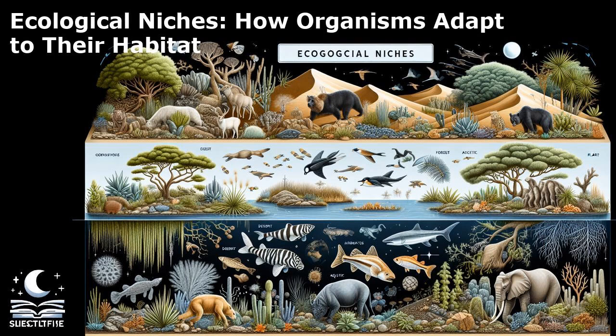Another significant human impact on ecological niches is habitat destruction and fragmentation. Deforestation, urbanization, and agricultural expansion have resulted in the loss of critical habitats for countless species worldwide. Studies indicate that more than 80% of Earth's natural forests have been significantly altered or destroyed by human activities.